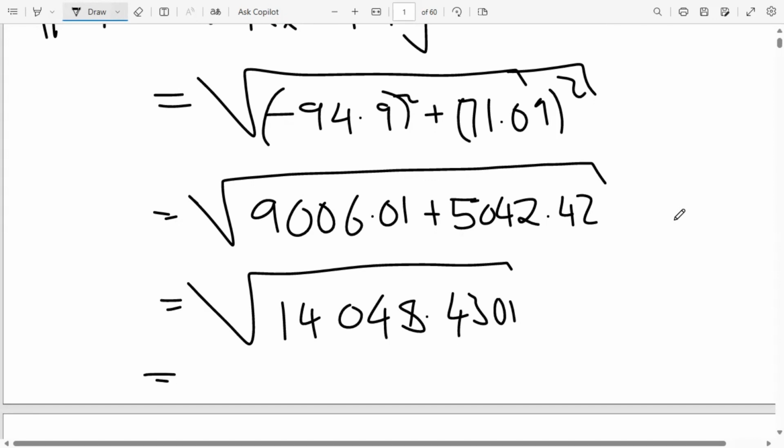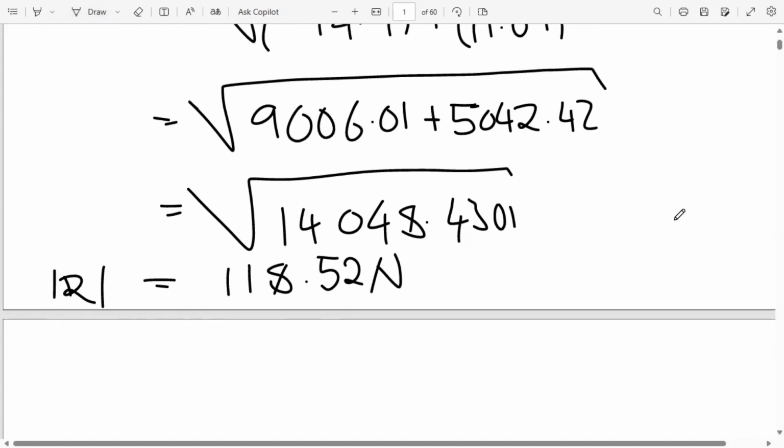And if I square root that one, I'm going to get an answer which is equal to 118.52 newtons.